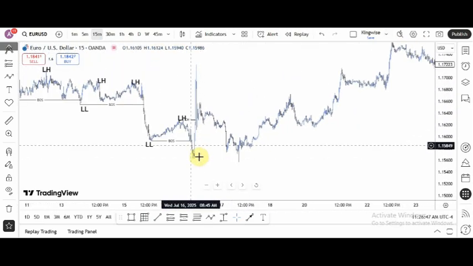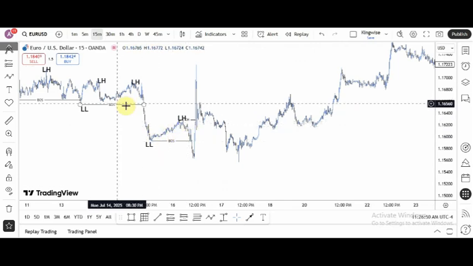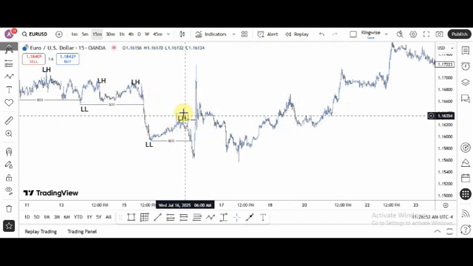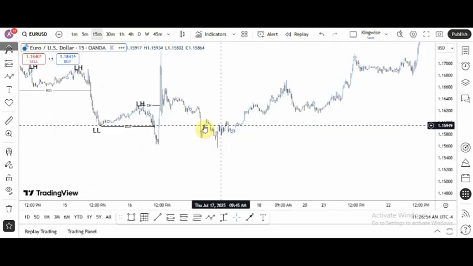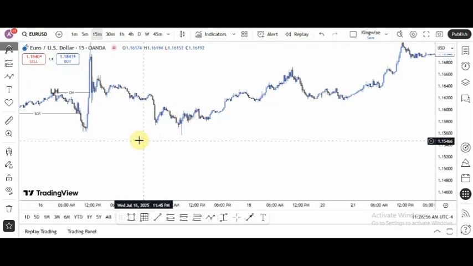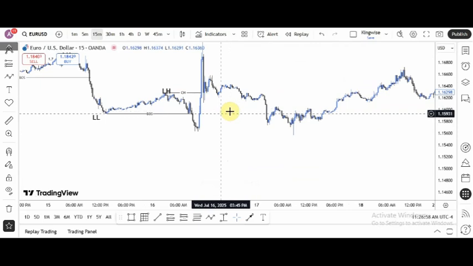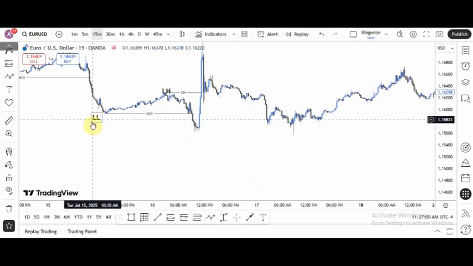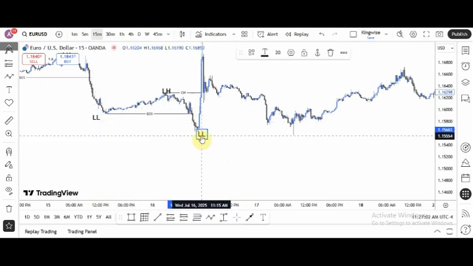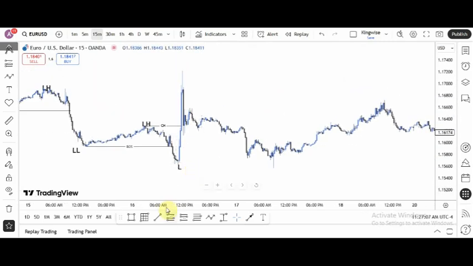Price has changed from going on a downtrend to going on an uptrend. So you see price starts going up. So this becomes a low, and then this becomes a high.